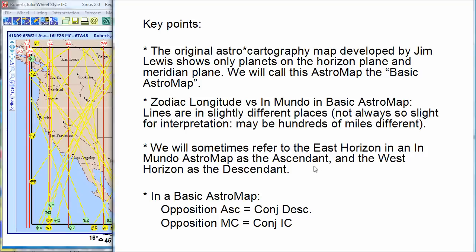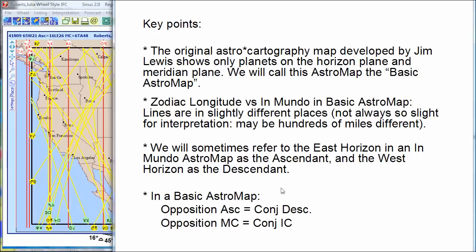Number three, terminology can get confusing here, and I will use the term ascendant to refer to the east horizon when we're doing in Mundo, and I'll sometimes use the word descendant to mean the west horizon. I just think it's convenient because we can use the same terminology, ascendant and descendant, in Mundo.